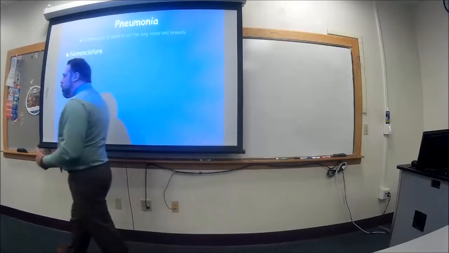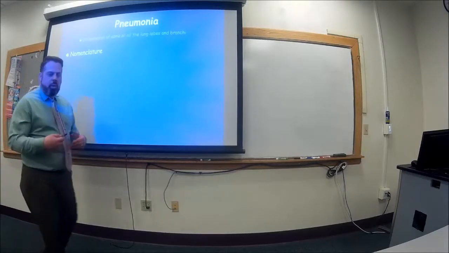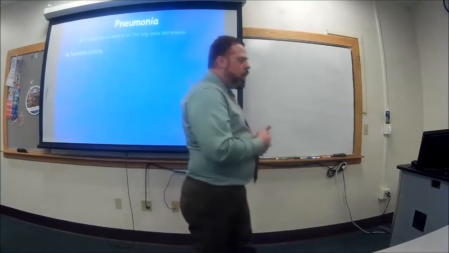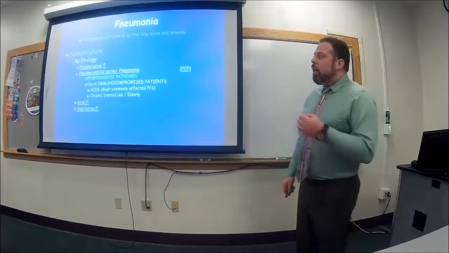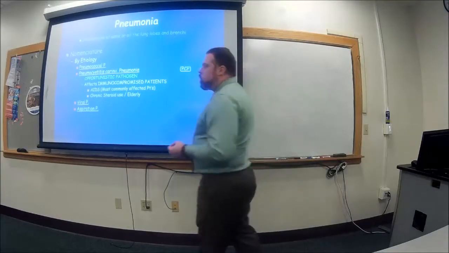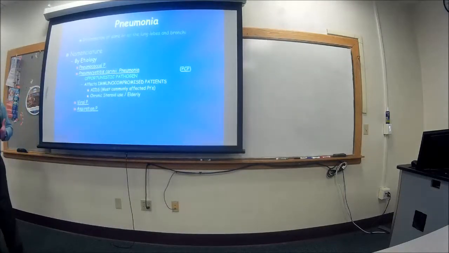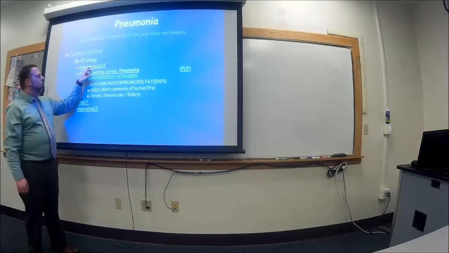So we have to worry about how we're going to name these things. Okay. So this is what nomenclature is: how we name things. We can name it by what the etiology is, the cause of it, or we could also call it by where it's located. So we could call it by etiology. We could call it pneumococcal pneumonia.